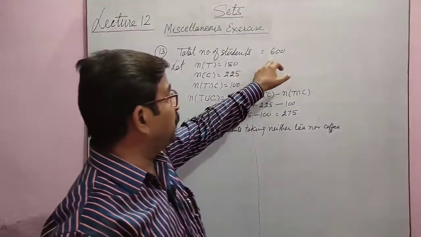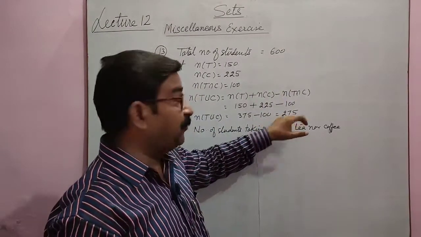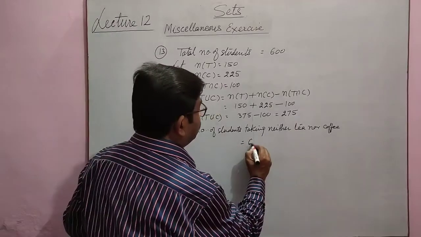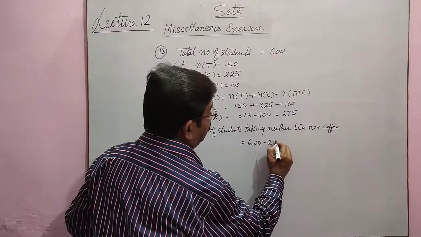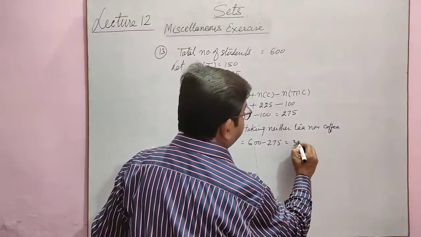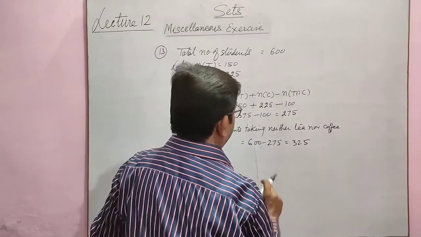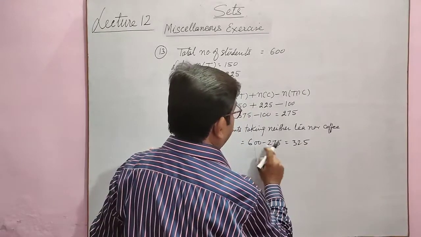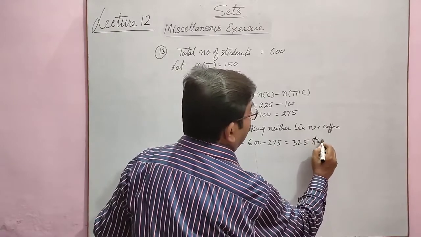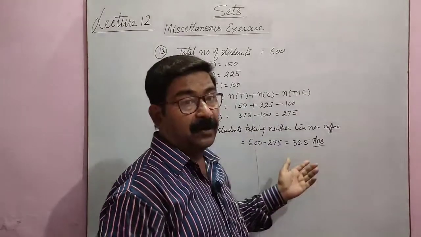Total students are 600, these many are taking neither tea nor coffee, so we will subtract from 600 minus 275. I think the answer is 325. Let's see. This is the answer. It means 325 students are taking neither of them.